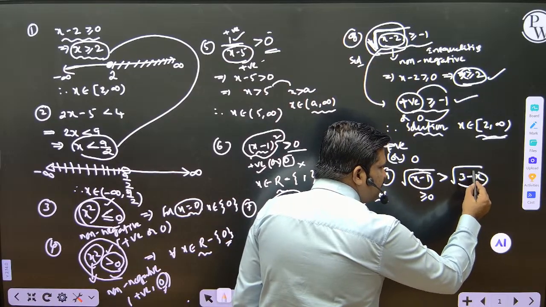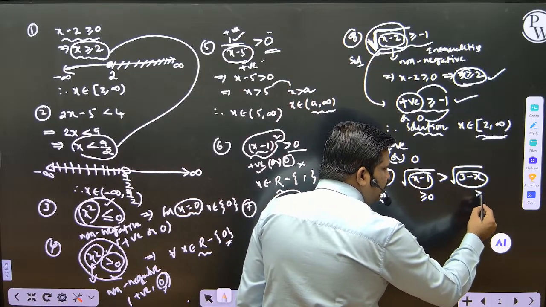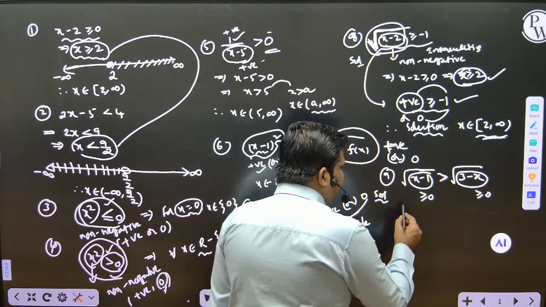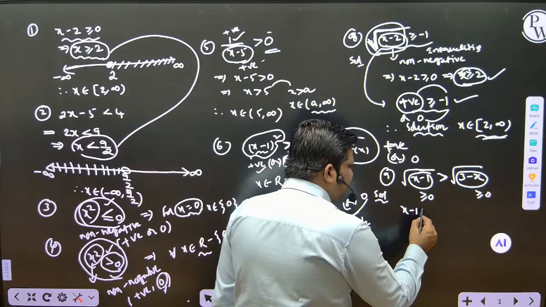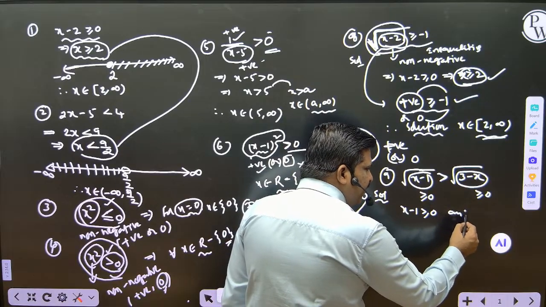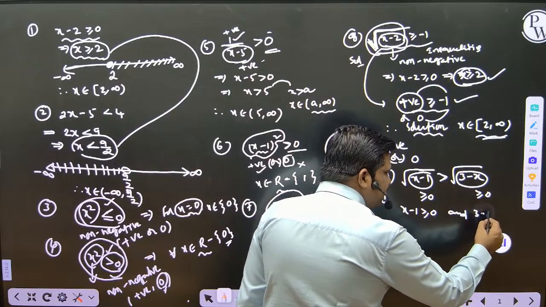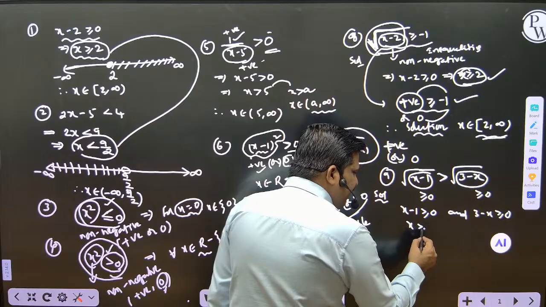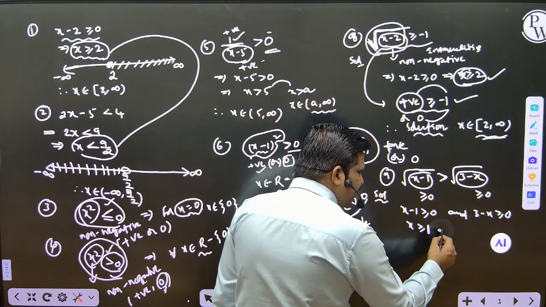That means x minus 1 should be greater than or equal to 0 and 3 minus x also greater than or equal to 0. Then x is greater than or equal to 1 and what?